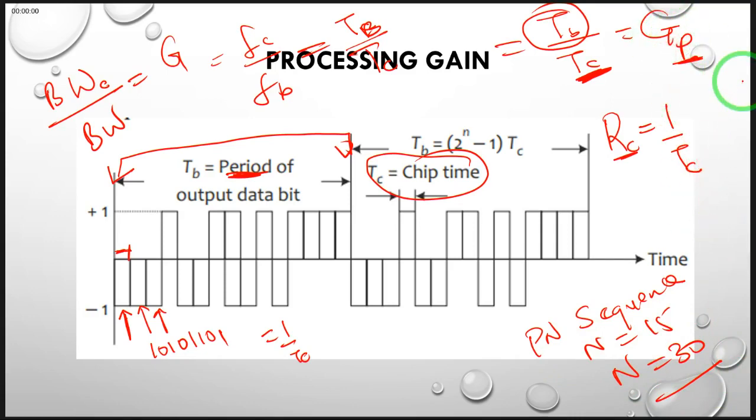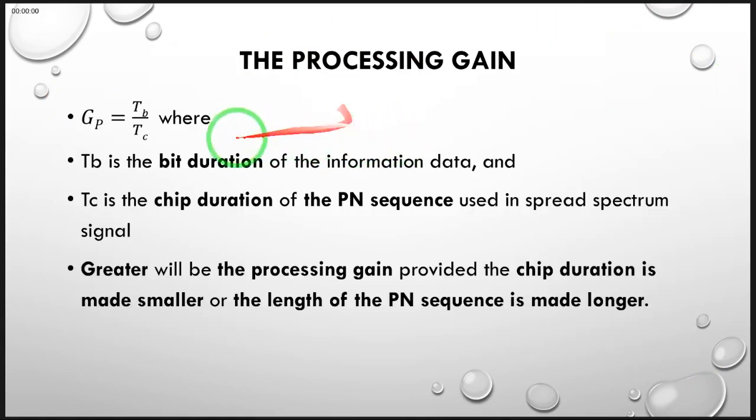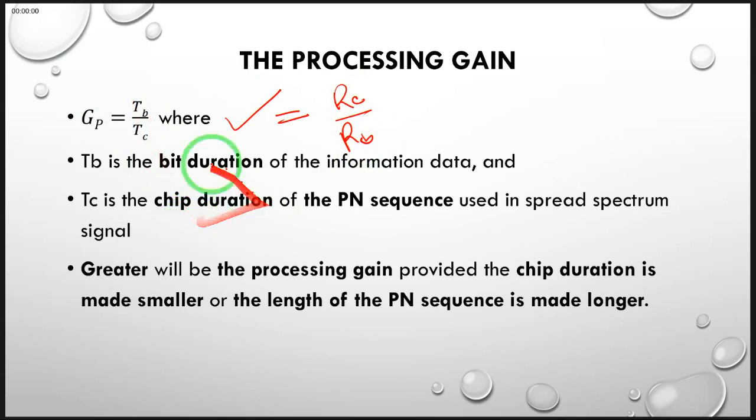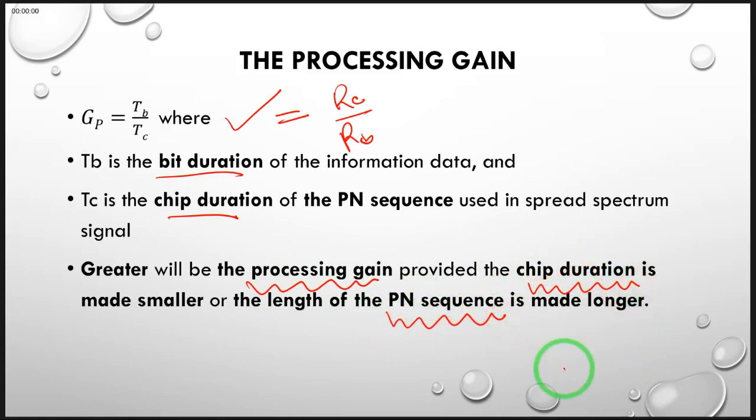That is another way in which you can achieve a higher processing gain. So this is how you obtain the processing gain, which is equivalent to RC divided by RB, because these are the reciprocals of each other. We have already defined these two terms. The chip duration is the length of time that one bit pulse of the PN sequence takes. And how we can increase the processing gain is by reducing the chip duration or increasing the number of bits in the PN sequence.